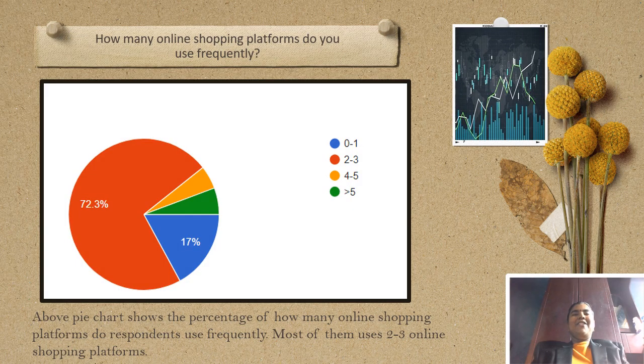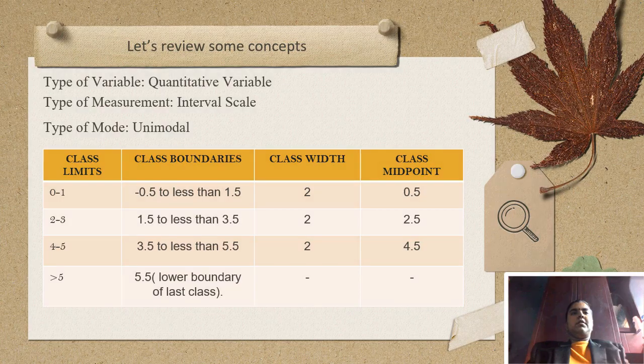Moving on to the next question: how many online shopping platforms do you use frequently? The majority of them, 72.3 percent, responded that they use 2 to 3 online shopping platforms frequently. Let us view simple interpretations for this question.